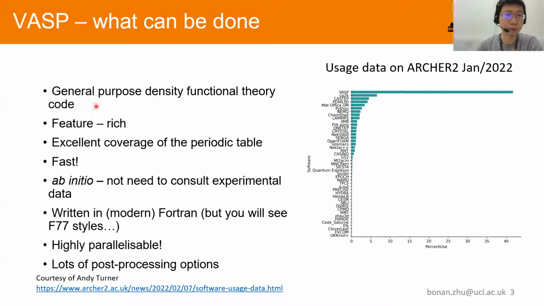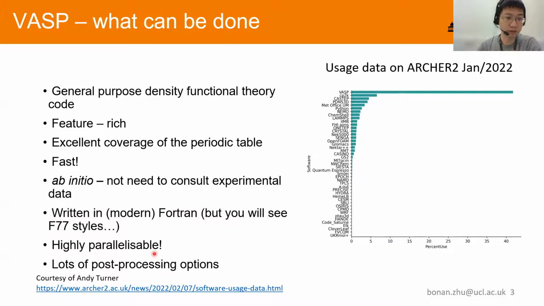So what can VASP do? It's a general purpose density functional theory code. That's how I like to describe it. It has a rich set of features. It has excellent coverage of the periodic table in terms of what elements you can choose to do your calculations with. It's quite fast. It's ab initio, so you don't have to consult experimental data or fit your potentials.